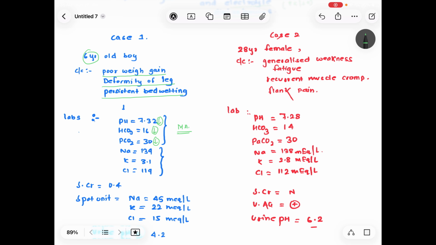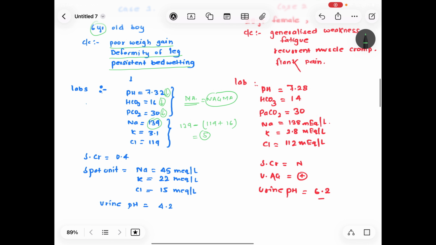Anion gap is sodium 139 minus chloride plus bicarb, which is equal to 5. So this is normal anion gap metabolic acidosis. Next, serum creatinine is normal and the spot urine test shows these values.